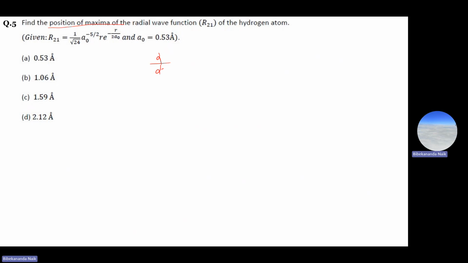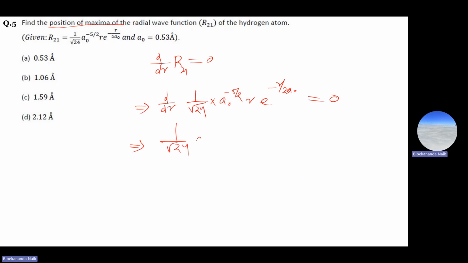So it will be d by dr of R21 equals 0, where R21 is 1 by root 24 into a0 to the power minus 5 by 2, r, e to the power minus r by 2a0, equals 0. If you take the derivative, the first term, 1 by root 24 a0 to the power minus 5 by 2, will be common.